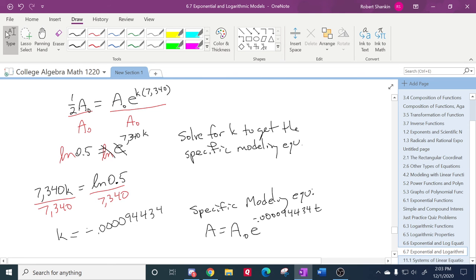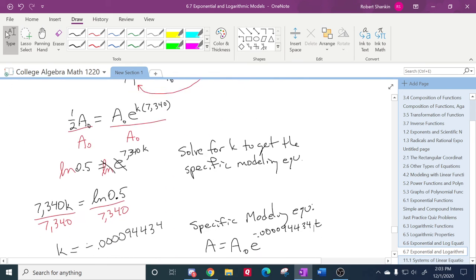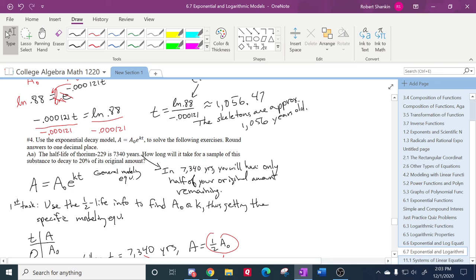So the specific modeling equation is always the same as the general modeling equation, but fill in either A0 or K or both, whatever you can find. Okay. Now, so what we did is we just used the half-life information first. That was important. The half-life of this let us find K.